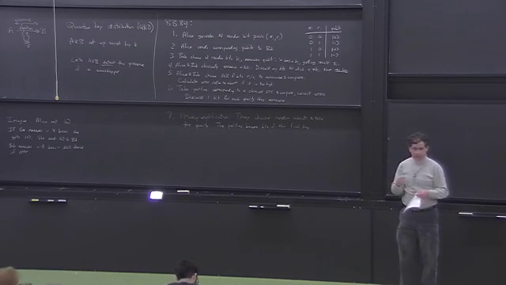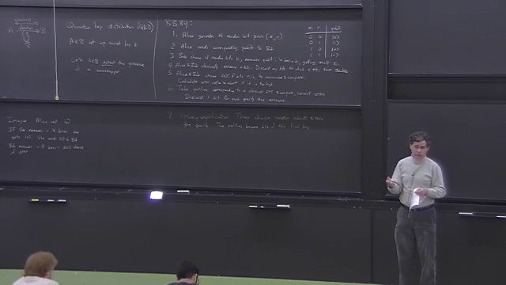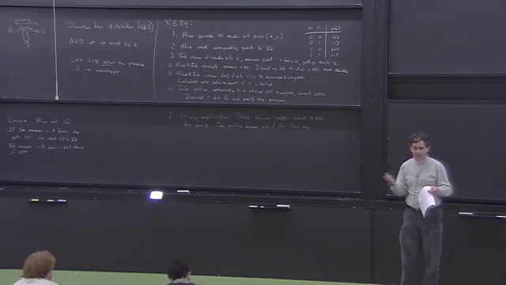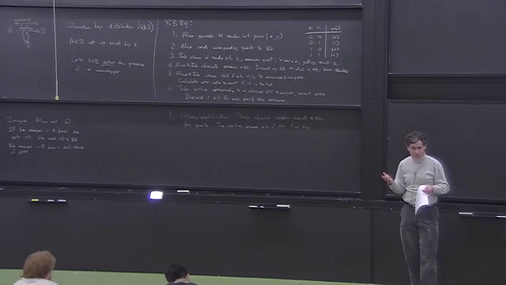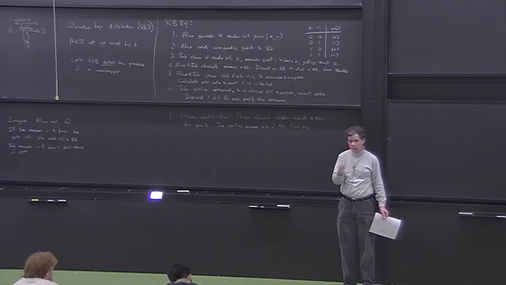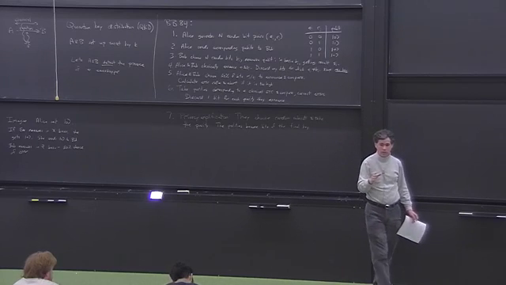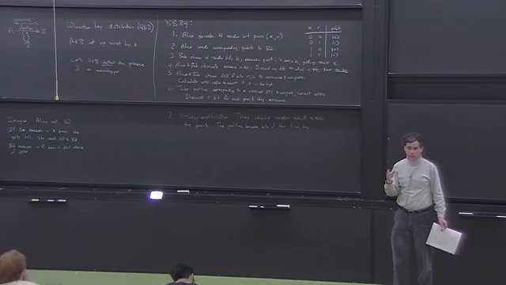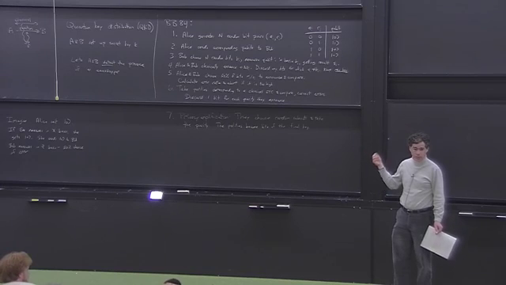If Eve knows all 10 of those bits, she knows the parity. But if she only knows 9 of them, and the last one is random, she has no idea. The parity is completely random. This is why parities are good, because they're very sensitive. Eve has to know a lot about every one of those bits in order to have a reasonable chance of guessing what the parity is.